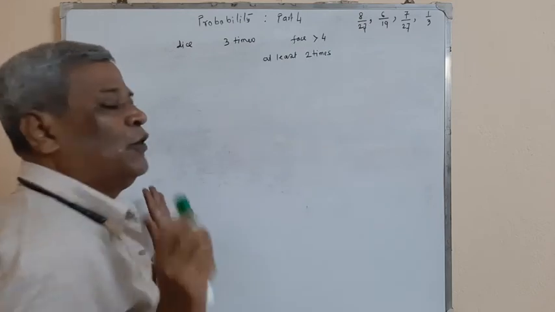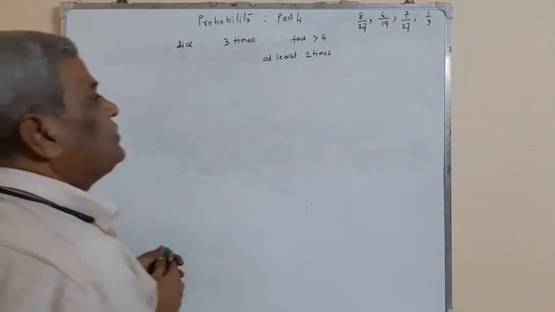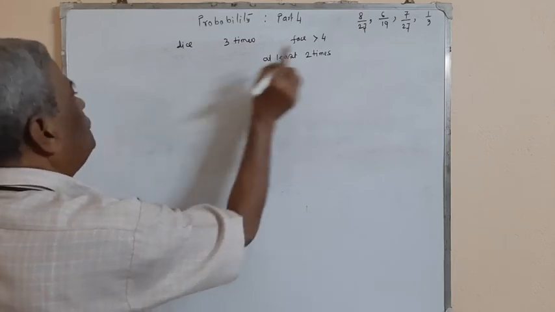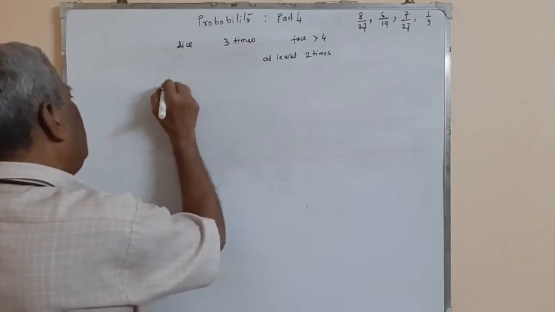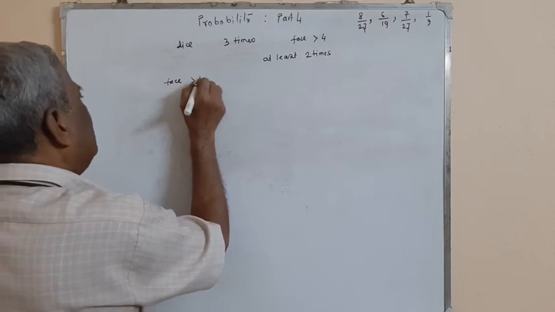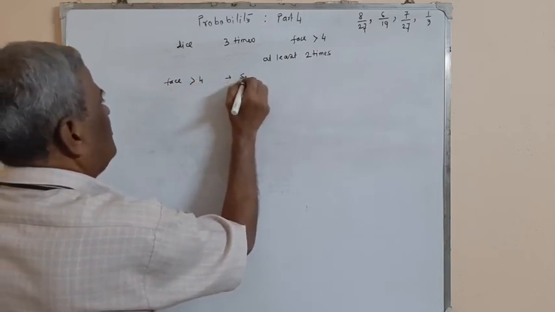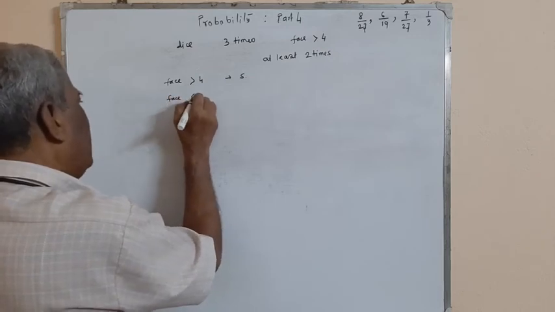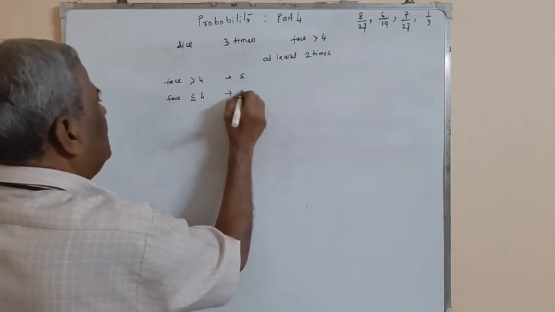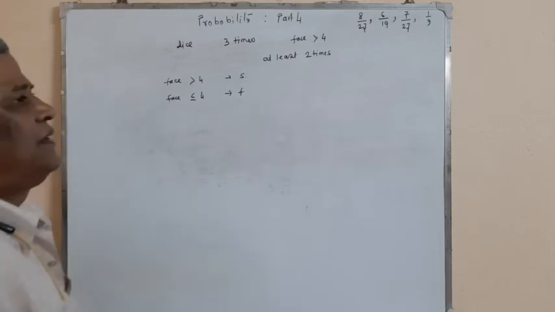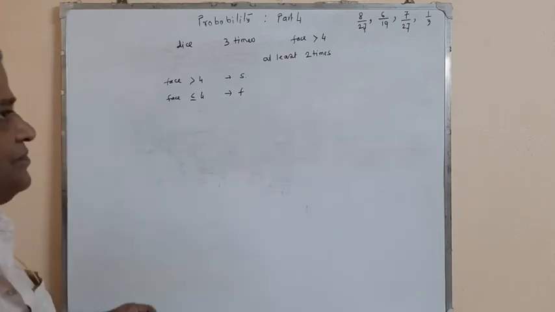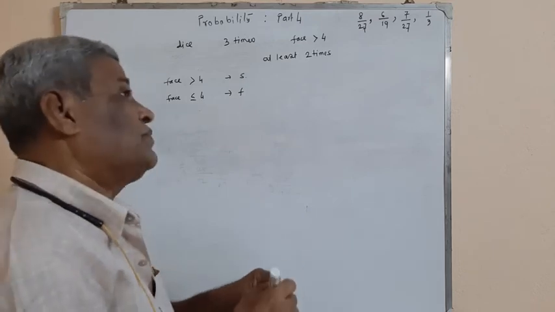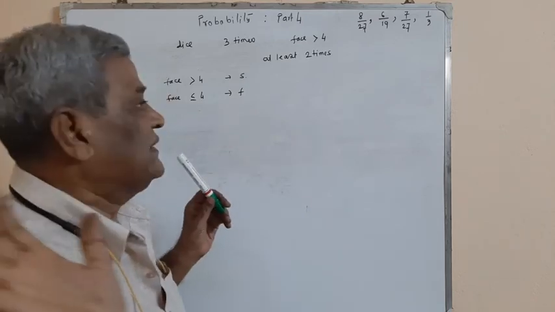At least 2 times means, suppose our success is face greater than 4, and face less than or equal to 4 is our failure. So out of 3 times, we have to find the probability that at least 2 times we get our success.